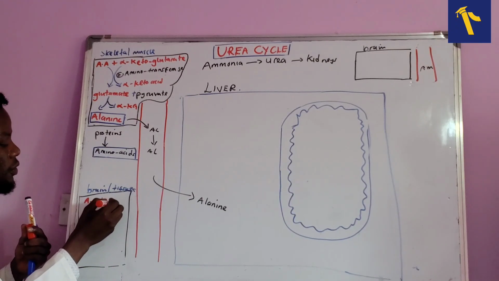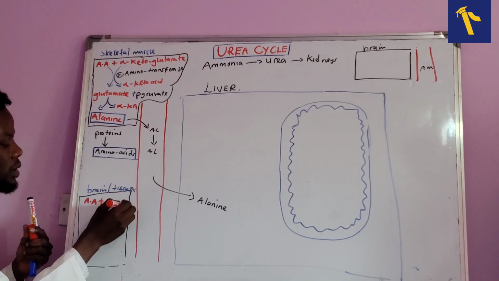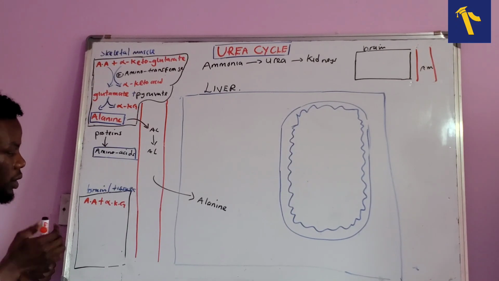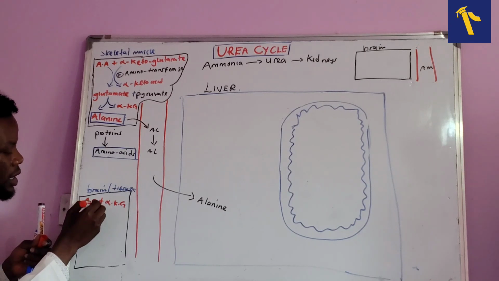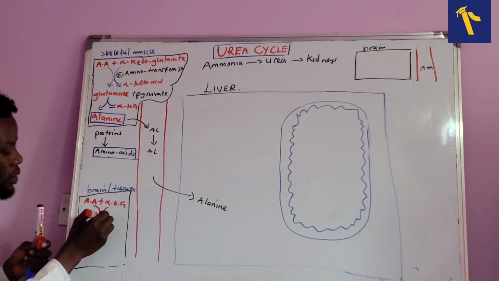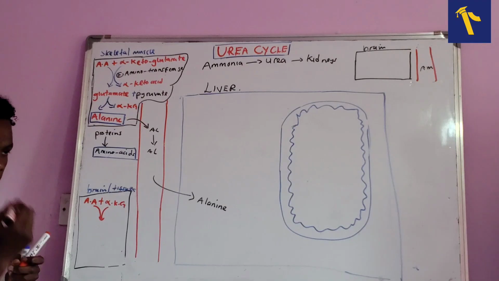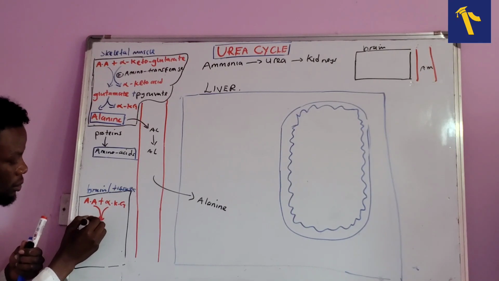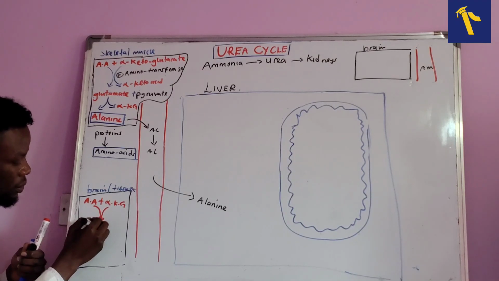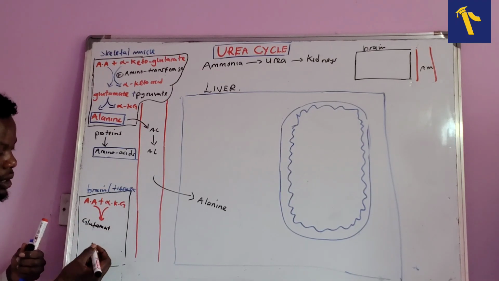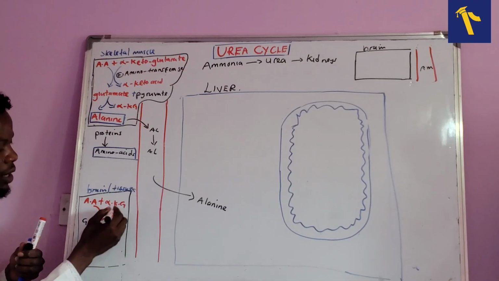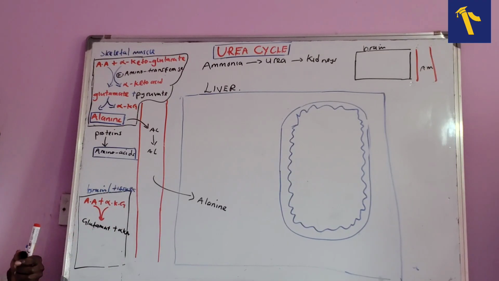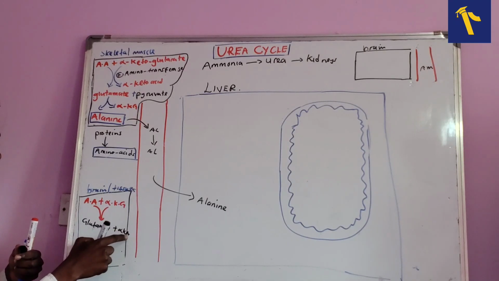We said alpha ketoglutarate, right? That's the recap. If this happens, what do you think the product will be? Let us use black. We're going to have glutamate, and we're going to have the alpha keto acid, let's just say alpha keto acid, KA.